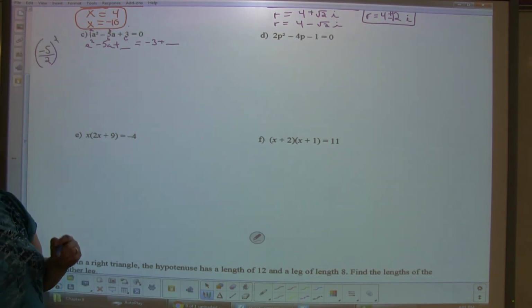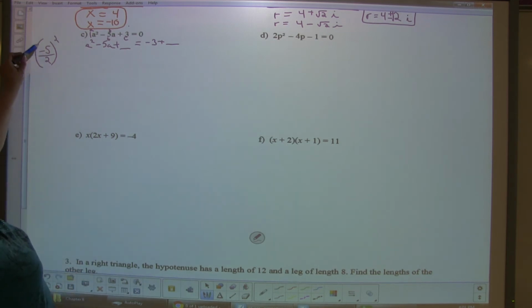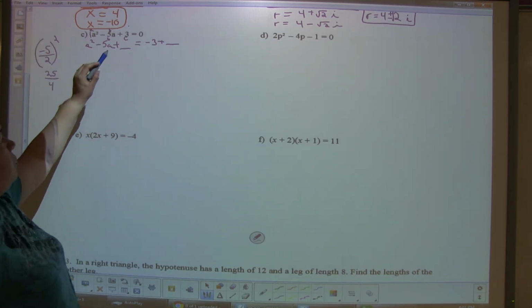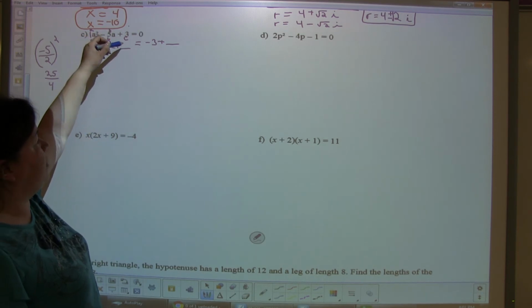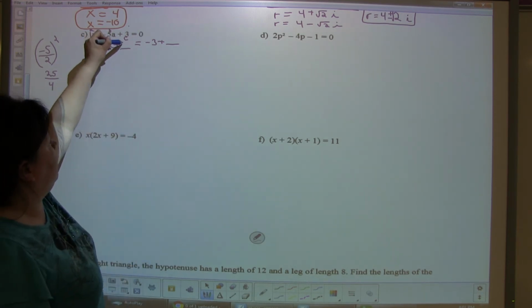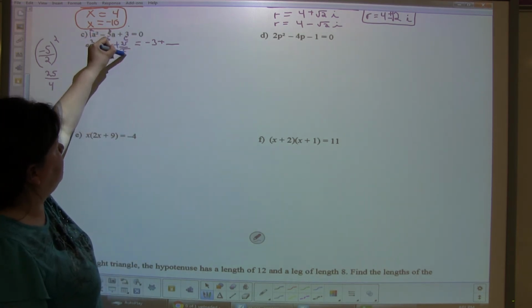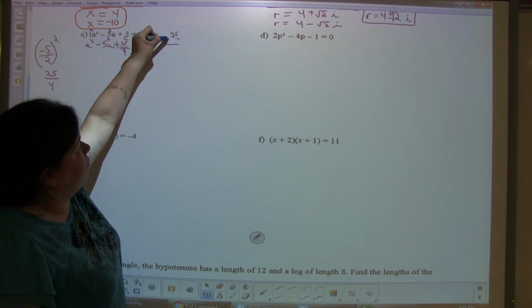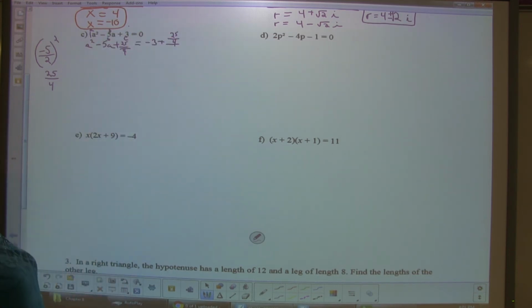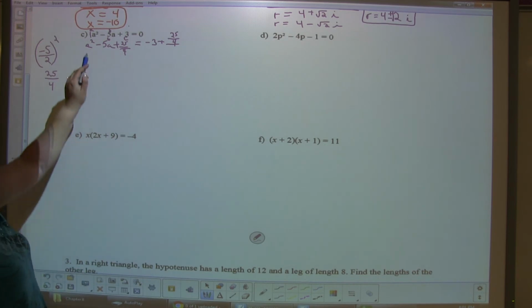Now, -5 halves squared is the same as -5 squared, which is 25, and then 2 squared, which is 4. So 25/4. Believe it or not, we're going to fill this in with plus 25/4. And it's not pretty right now, so we have some work to do.